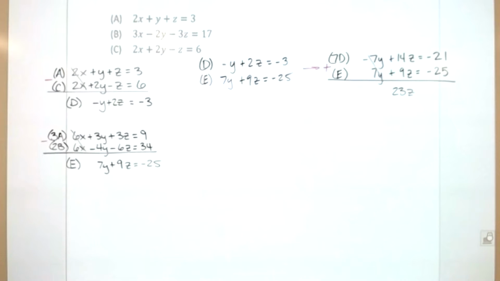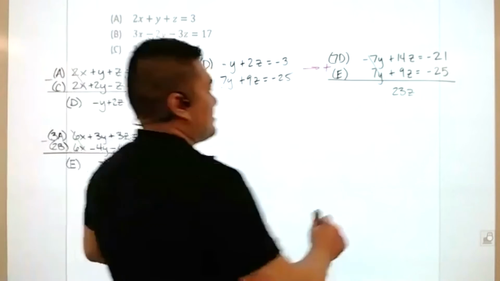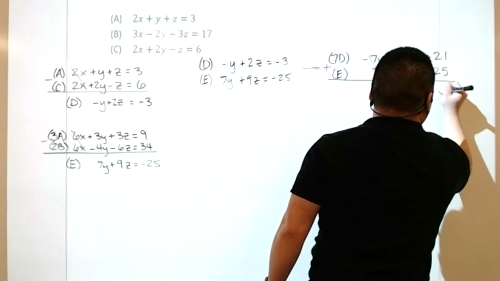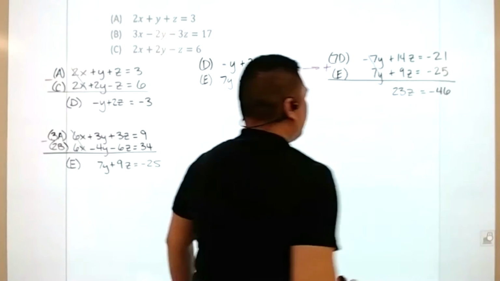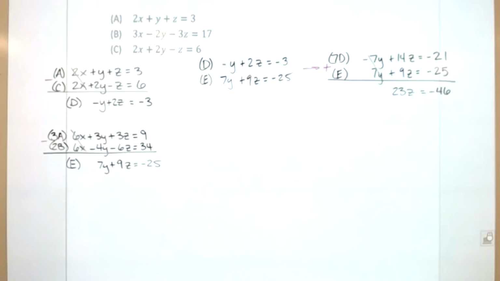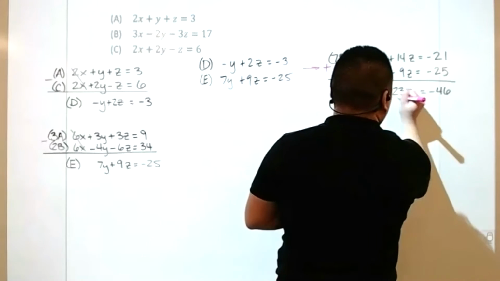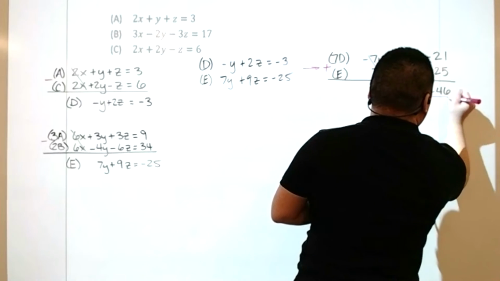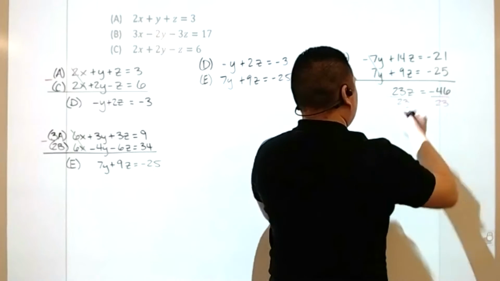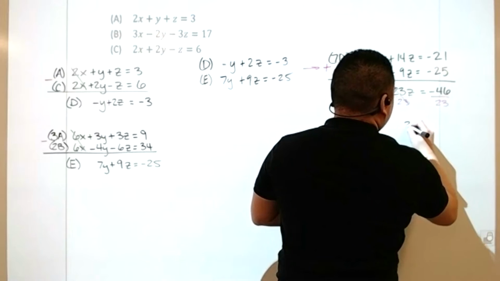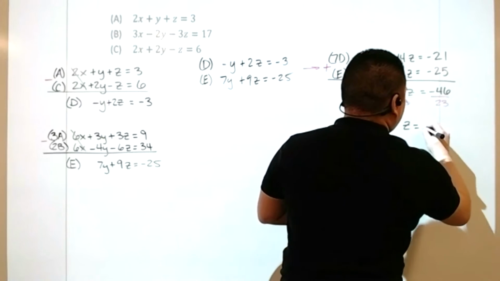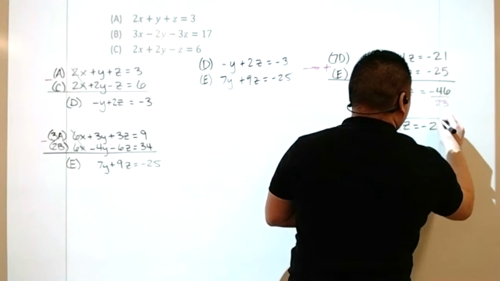And then negative 21 plus negative 25, that's going to make negative 46. Divide both sides by that 23. And you will find that z equals negative 2.